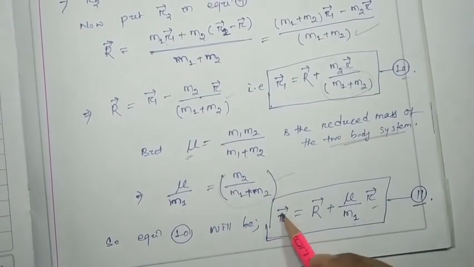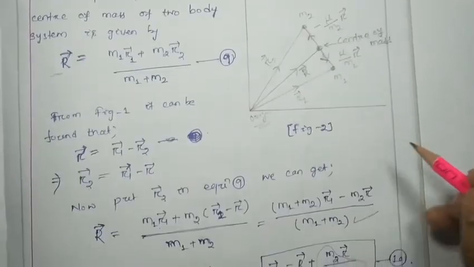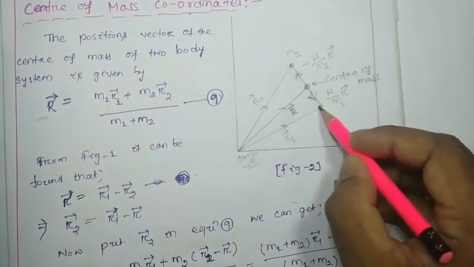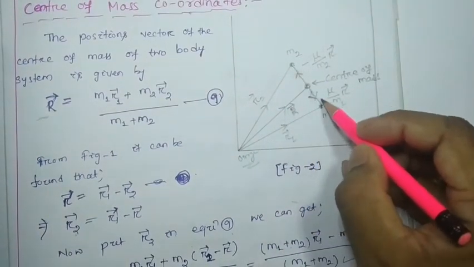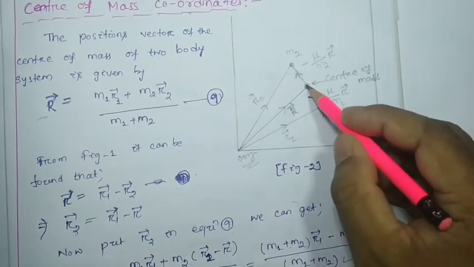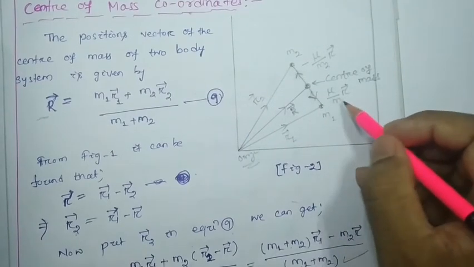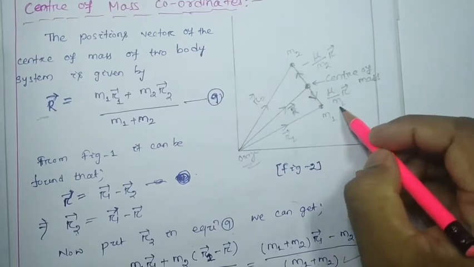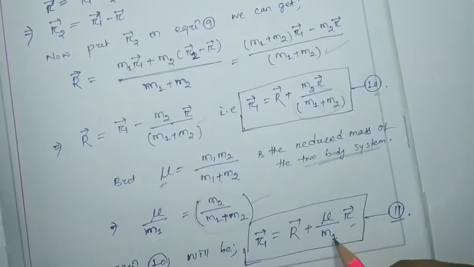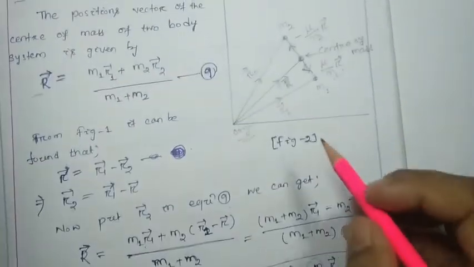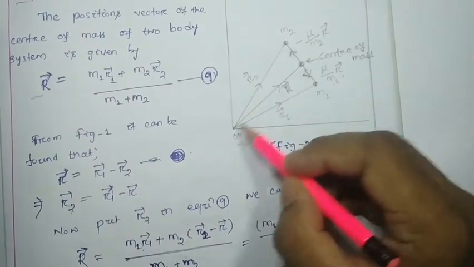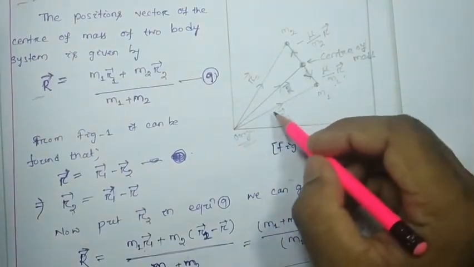So here r1 is nothing but R plus this one. From the center of mass to here is nothing but mu by m1 into r. Got it? So r1 will be this. According to the triangle law also it is satisfied.